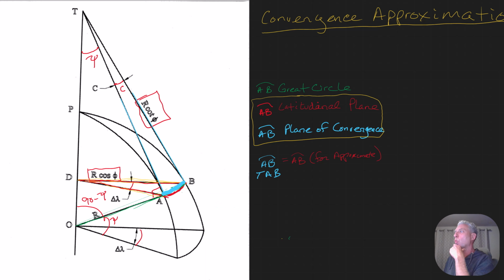And the red one, the arc AB on the plane of the latitude, lies in the plane of DAB.